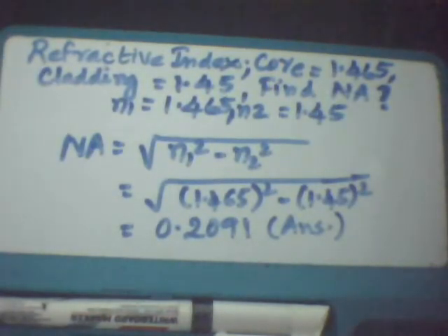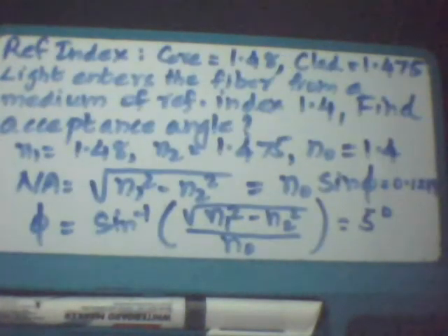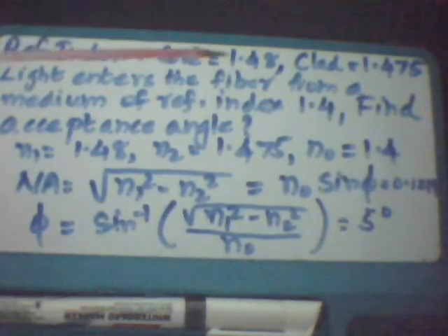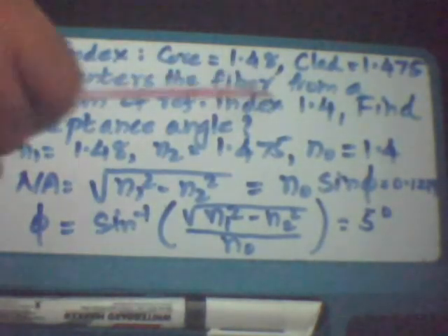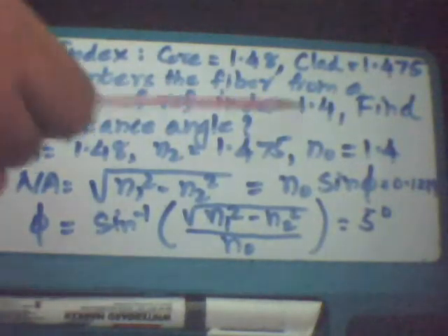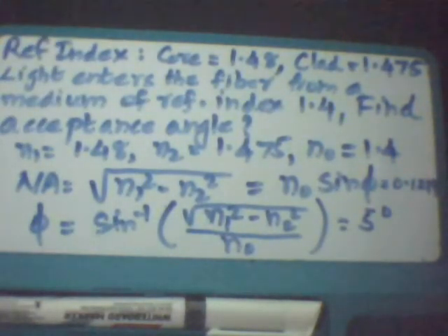We have yet another problem. The refractive index of the core of a fiber is 1.48 and that of the cladding is 1.475, and the light enters the fiber from a medium of refractive index 1.4. You are asked to find the acceptance angle. So you are given n1 is equal to 1.48, n2 is equal to 1.475, and n0 is equal to 1.4.